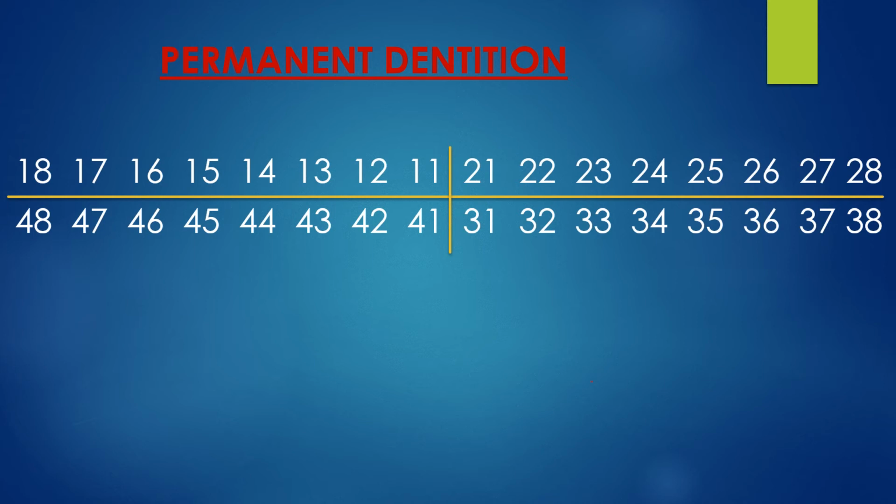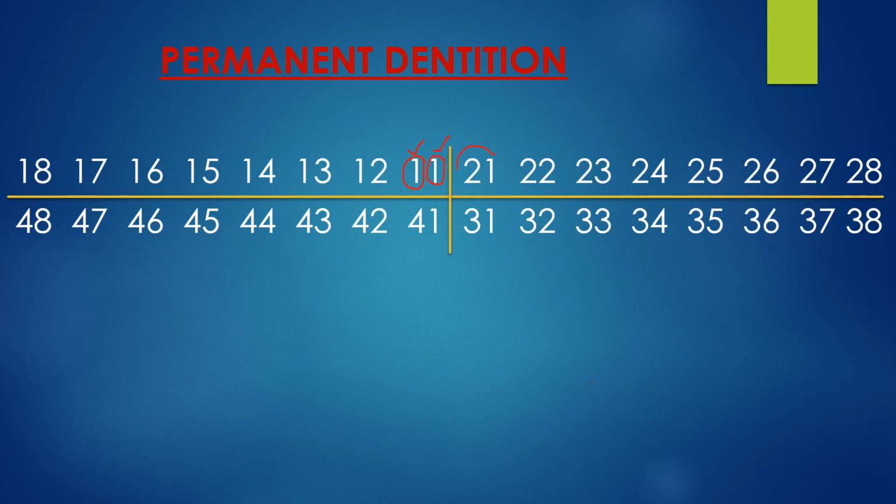Coming to the FDI system for permanent dentition, this is similar to deciduous dentition. This is also a two-digit number in which the first number shows the quadrant and the second digit shows the tooth number. So in this, the first number 1 is indicating the upper right quadrant and the second number 1 is denoting the tooth number, that is central incisor. So 1-1 represents the upper right central incisor.